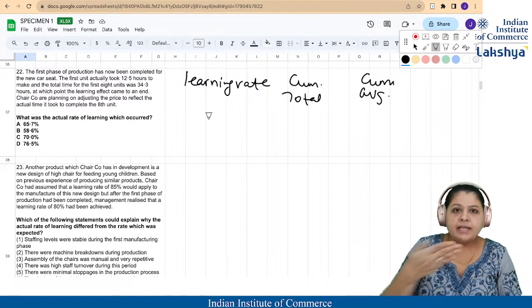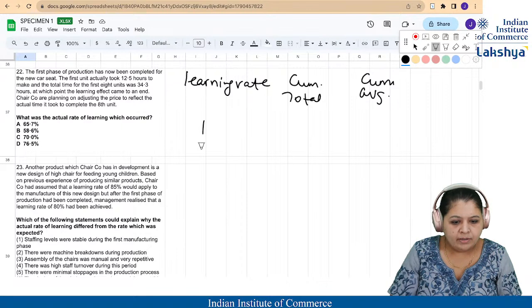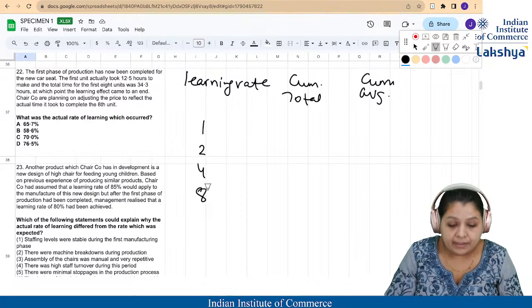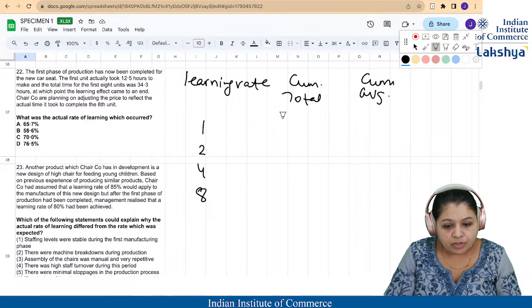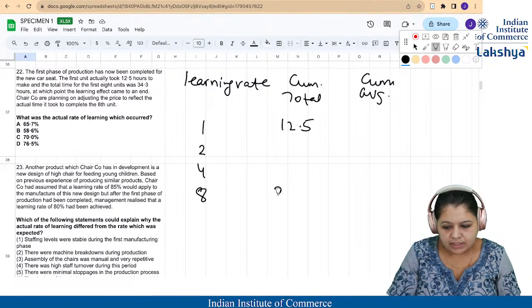So if you see, it has doubled. So 1, 2, 4, 8. 1 plus 1, 2, 2 plus 2, 4, 4 plus 4, 8. The cumulative time for the first product was 12.5, and that for the 8 products is 34.3.